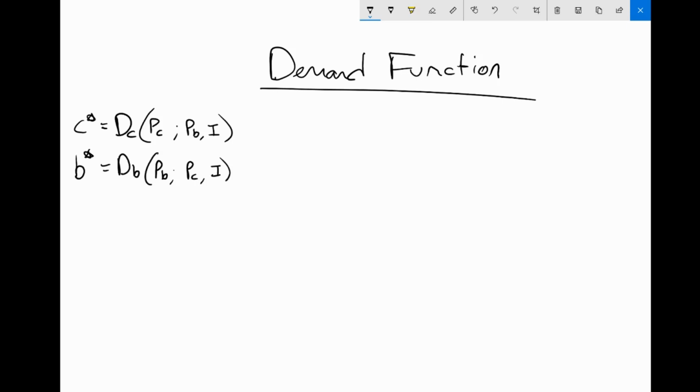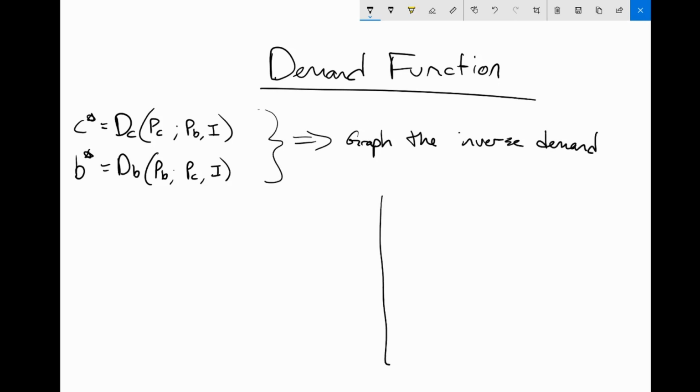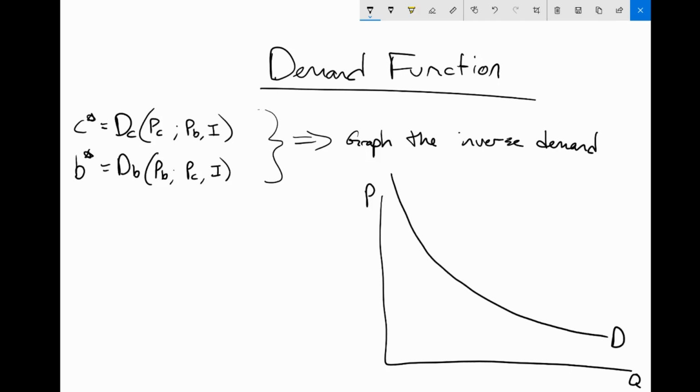Now, graphically speaking, these are demand functions, but what we typically do is graph the inverse demand function. So this gives you what we're familiar with: quantity on the x-axis, price on the y-axis. This is the demand curve that you're familiar with from Principles of Micro.